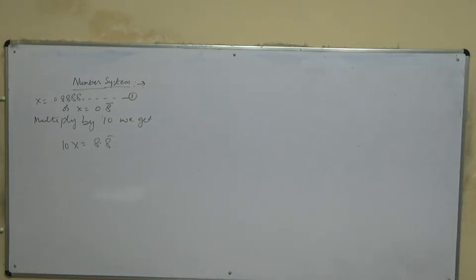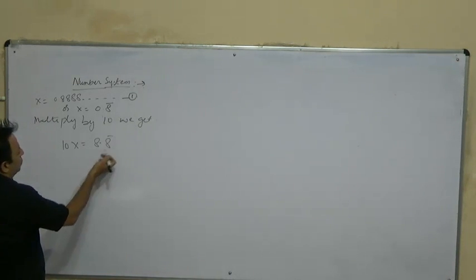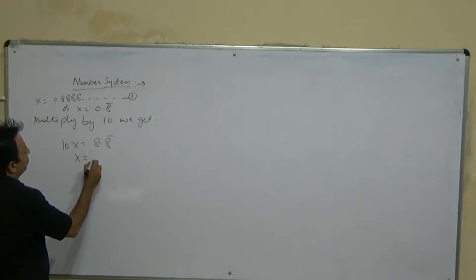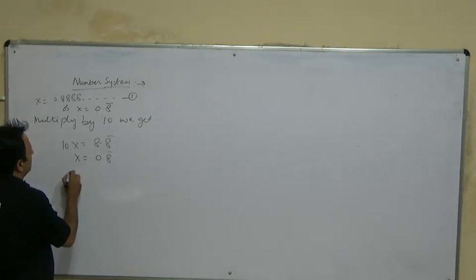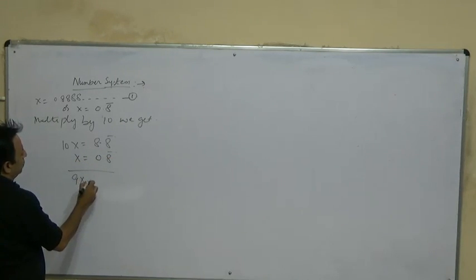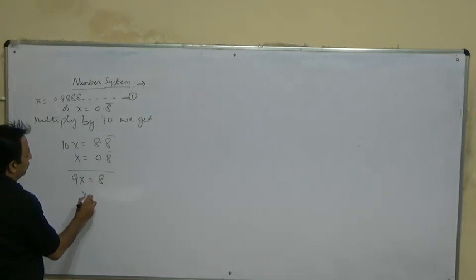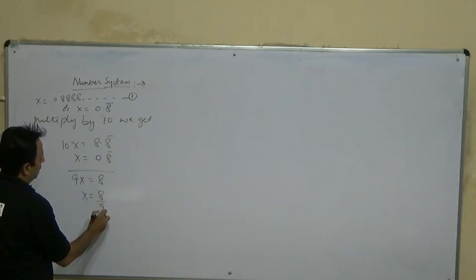When we multiply it, 8 comes out of this decimal. So we subtract x is equal to 0.8 bar. This is 9x is equal to 8. x will be equal to 8 upon 9.